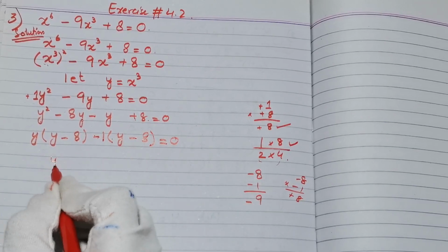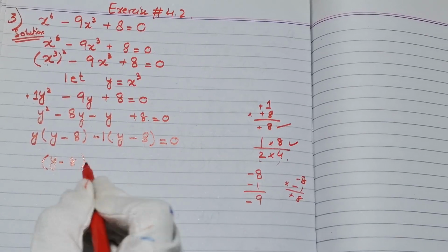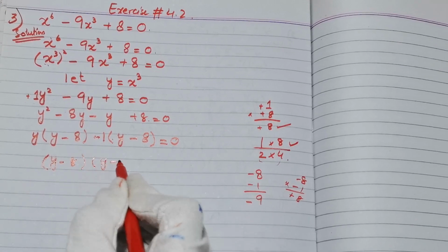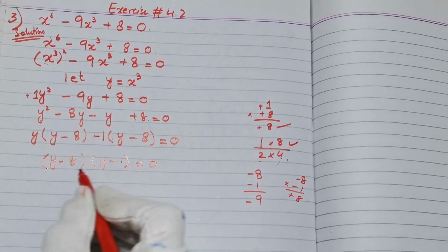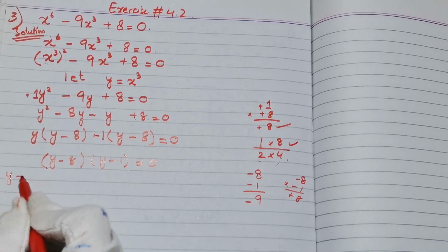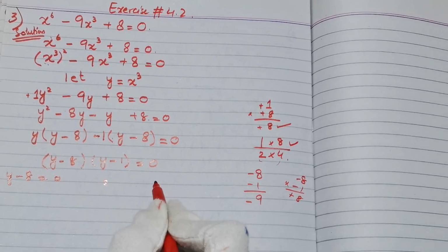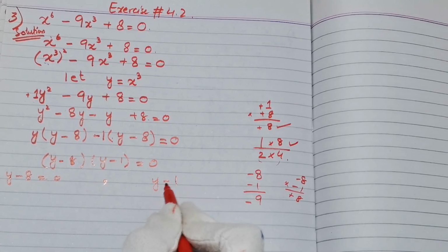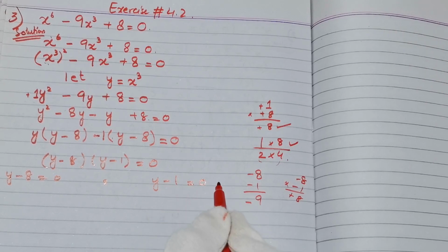Both these two terms are the same. We write it one time, y minus 8, and we put these in one bracket. One time we take y minus 8 equals 0, and next time we write y minus 1 equals 0.